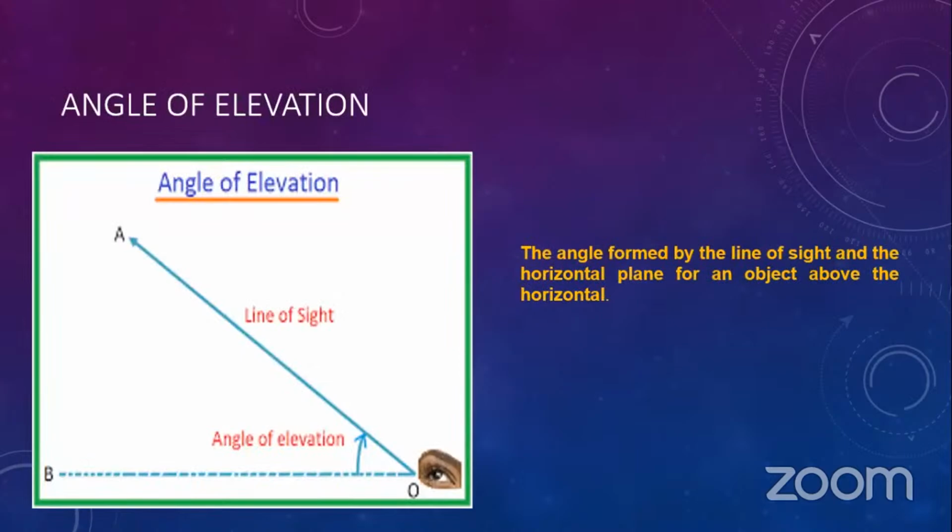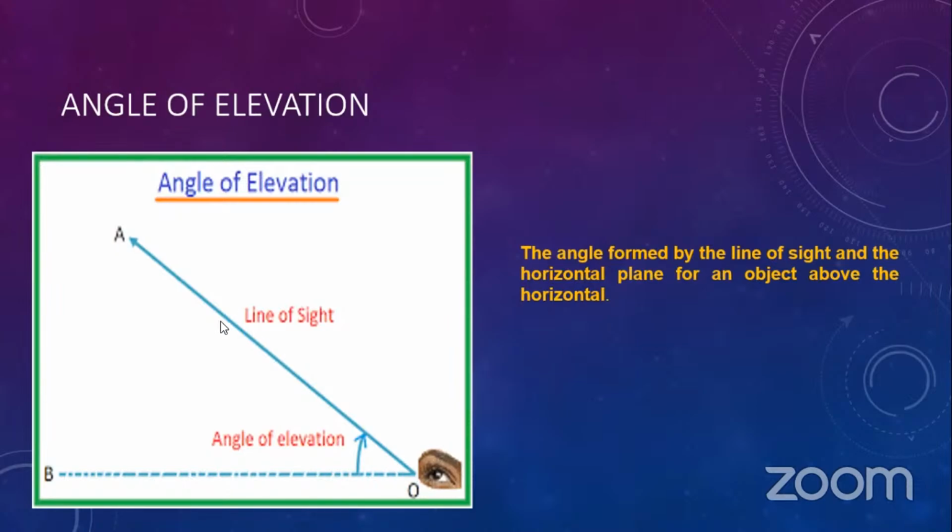And what is the angle of elevation? Here OB is the horizontal line, and OA is the line of sight.